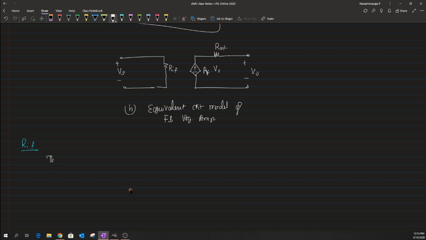that the series mixing of Vf generally reduces the value of Vi, right. So it reduces the input voltage of the basic amplifier from Vs. Okay.